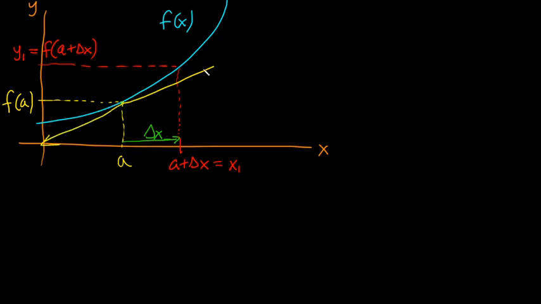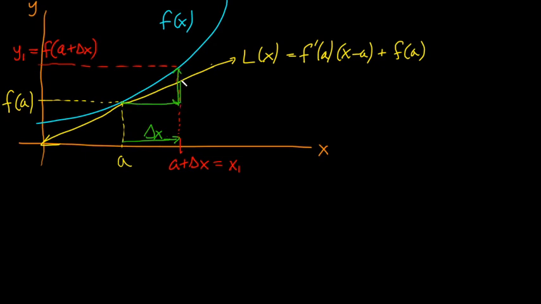It's not completely straight, but close enough, right? So this is my L of x. Again, just to remind you, that's f prime of a times x minus a plus f of a. So when I change my x, I get a change in y, which is just this.